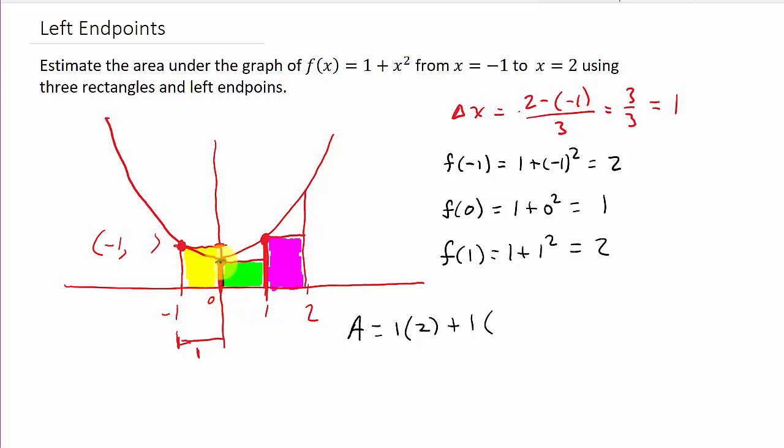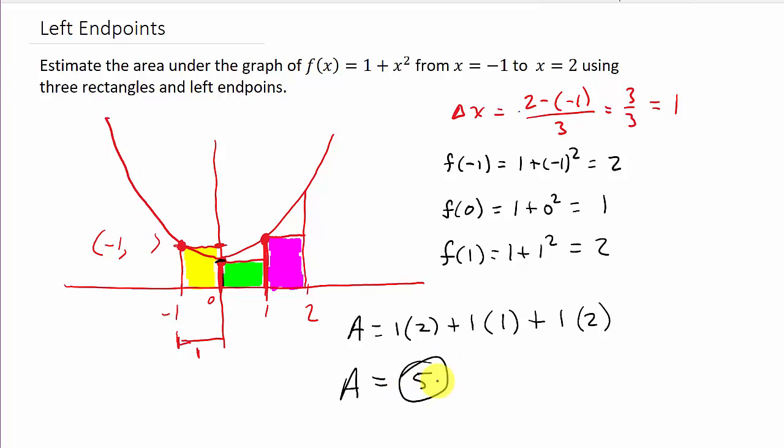We plug 0 in to get the height, so that height is 1, plus the width of this rectangle, which is 1, times the height. When we plugged 1 in for the function, that gave us the height, so that's 2. And so that's 2 plus 1 is 3, plus 2 is 5. So this area here is 5.